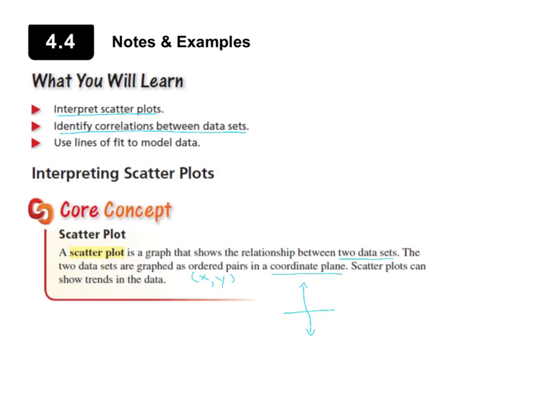Those are those XY axes, and we plot all those XY pairs. Scatter plots can show trends in the data. So if I was looking at this, I could see, oh, it looks a little bit like maybe there's a line that could fit through that.